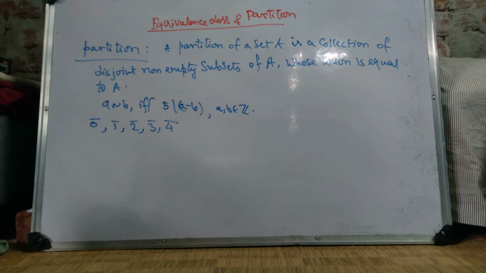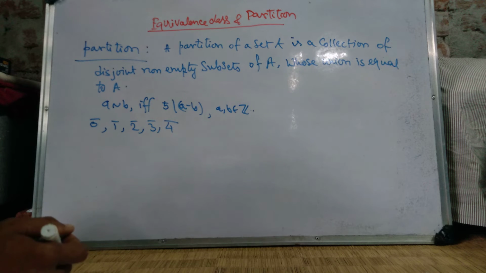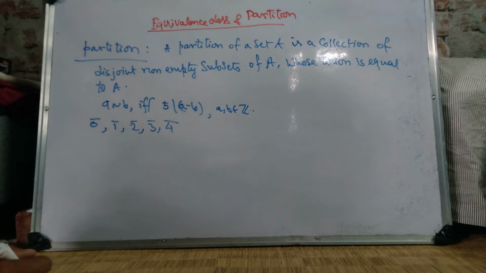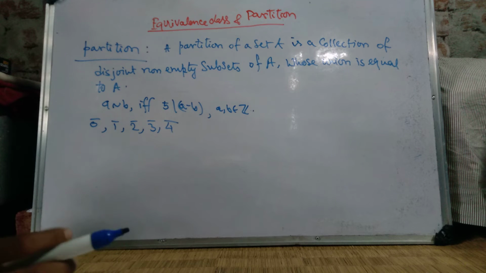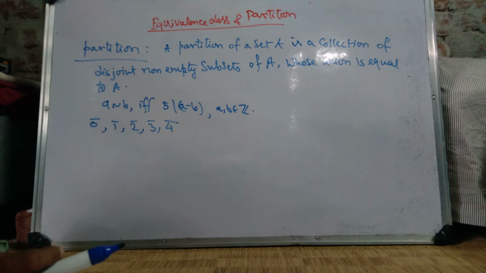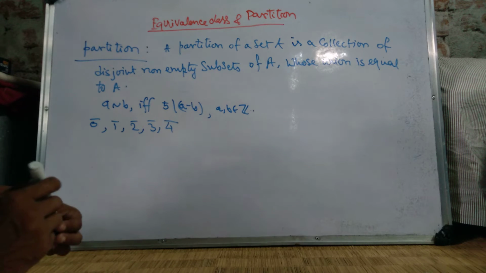The 0 class elements are 0, 5, 10, and so on. The 1 class elements are 1, 6, 11, and so on. The 2 class elements are 2, 7, 12, and so on. The 3 class elements are 3, 8, 13, and so on. The 4 class elements are 4, 9, 14, and so on.